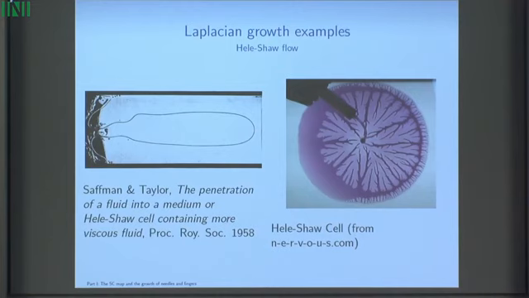That's illustrated in this similar experiment where you inject a less viscous fluid into a surrounding viscous fluid in a radial configuration, also in a Hele-Shaw cell, and you get this very typical fingering pattern. There are interesting bifurcations going on, and so on.